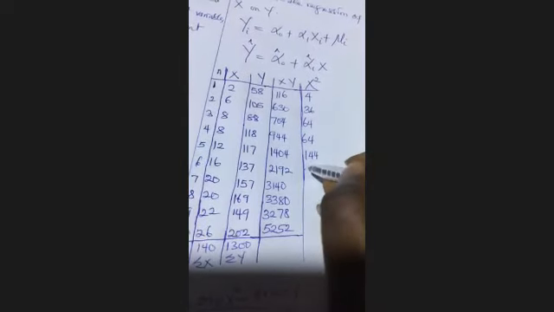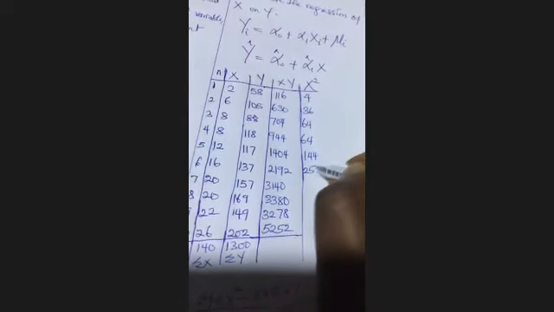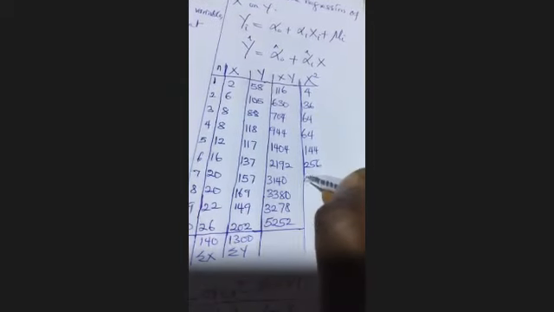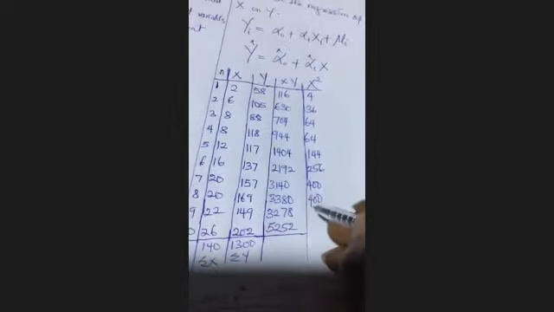This is 144. 16 squared is 256. Then 400, then 484.